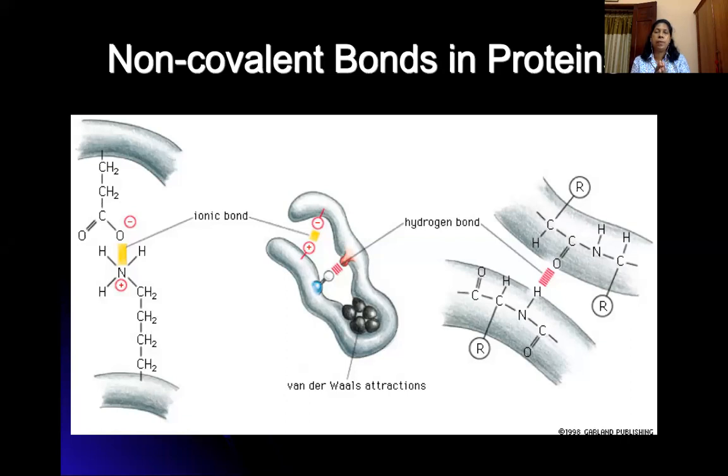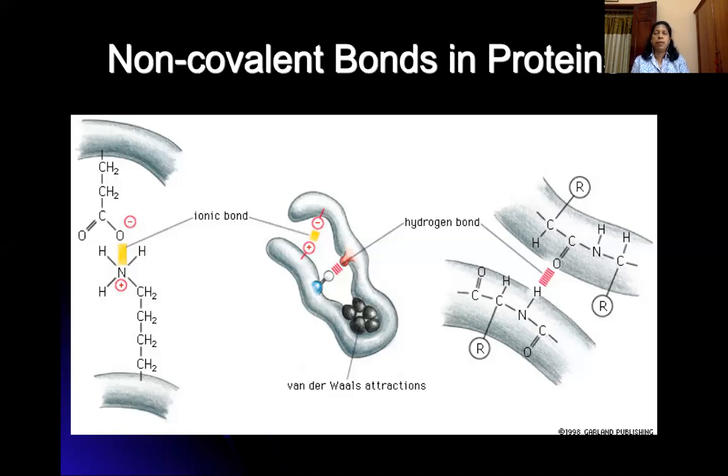You can see in the middle picture, at the end of the curve, some molecules get together. Therefore, van der Waals attraction can be there, and it supports the folding.